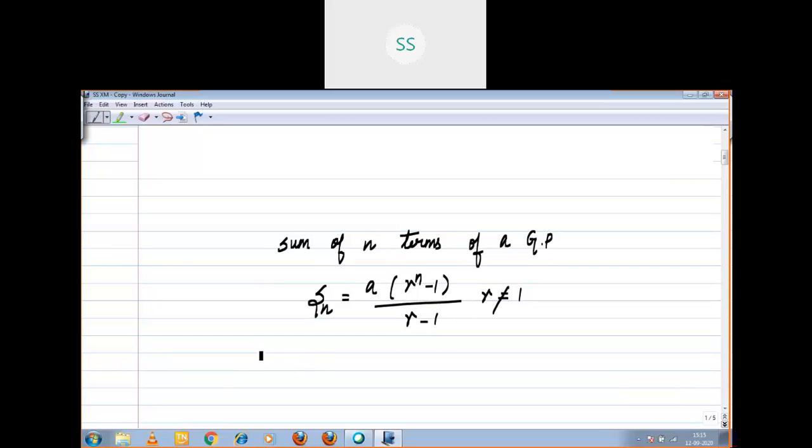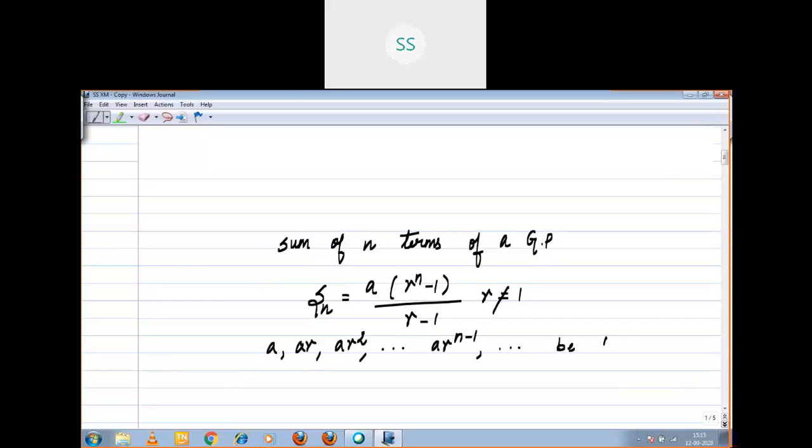The general terms are A, A into R, A R square, and so on, up to A into R power n minus 1.